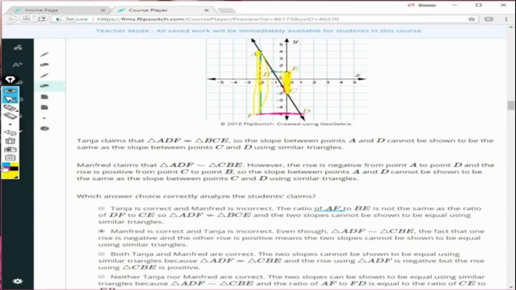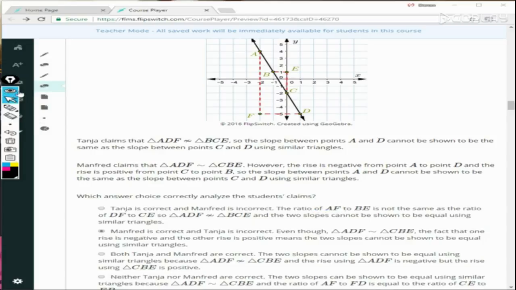They still have a negative slope because they lie on a line that has a negative slope. So this segment from B to C is lying on a line that has a negative slope.